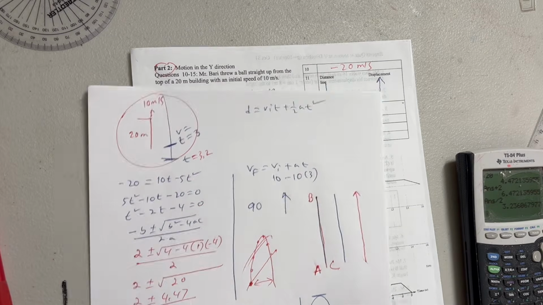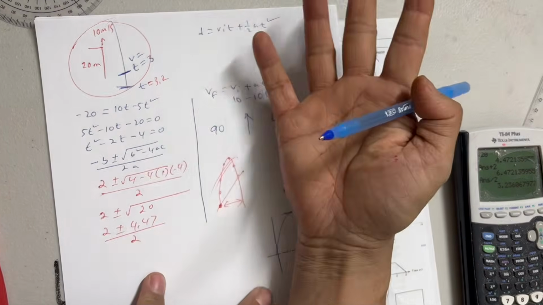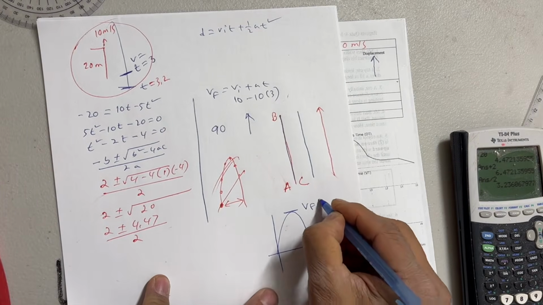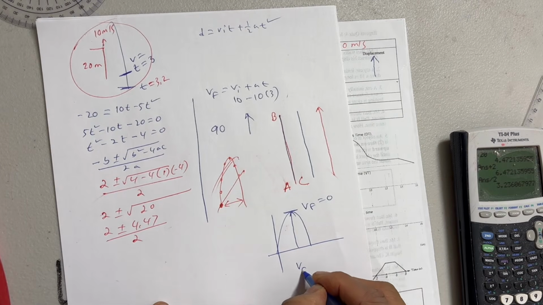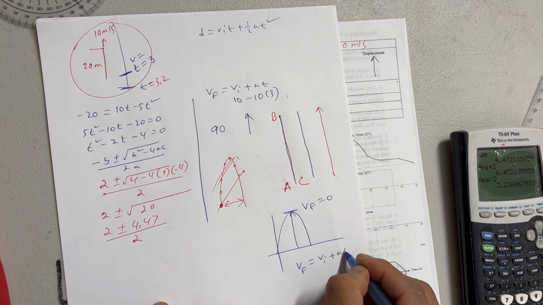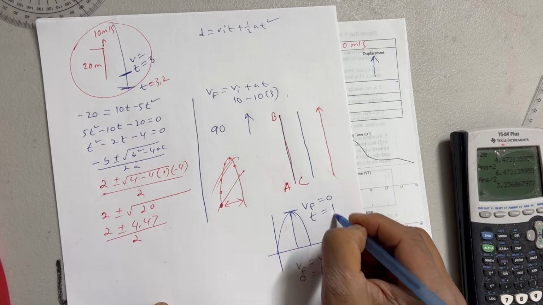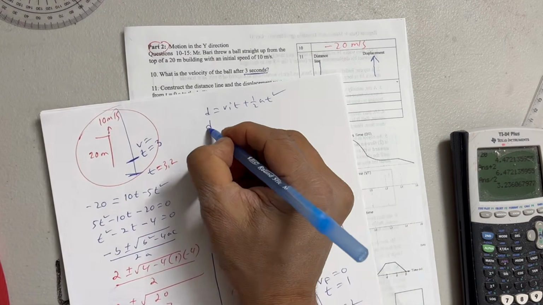Okay, so Vf, this is just a model to solve the problem. You have to exaggerate when you have to. Vf is equal to 0, so this is max height. Okay, so Vf is equal to Vi plus at. What is the time at max height? So max height time is 1. Here time is 2, but we don't need time here. So we're just going to plug in 1.